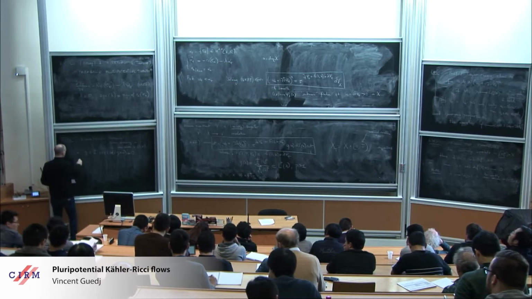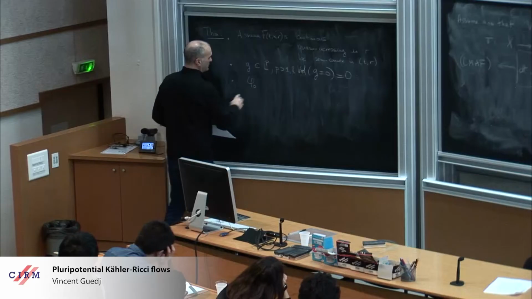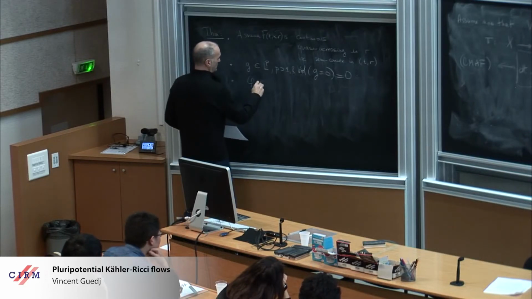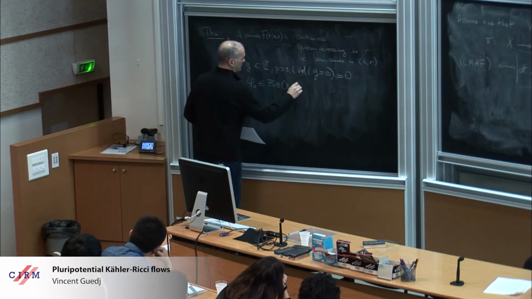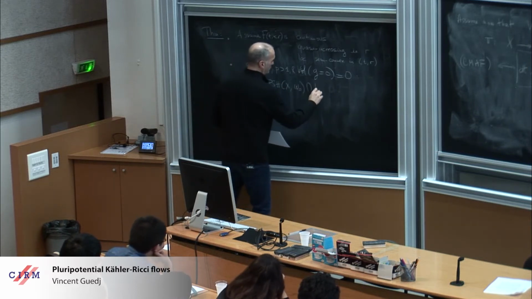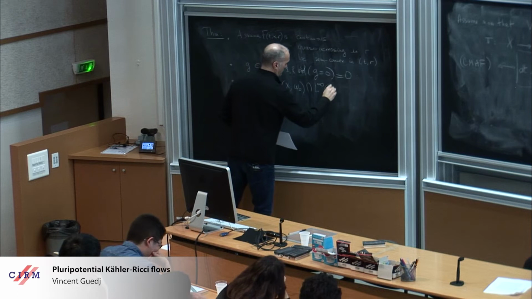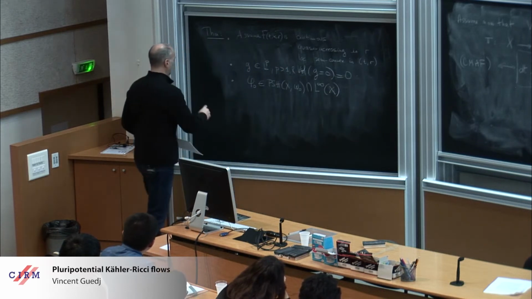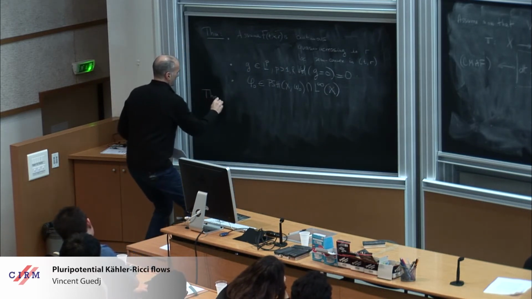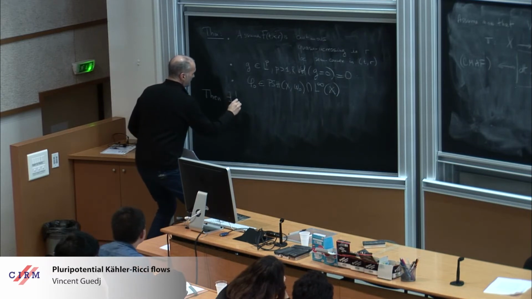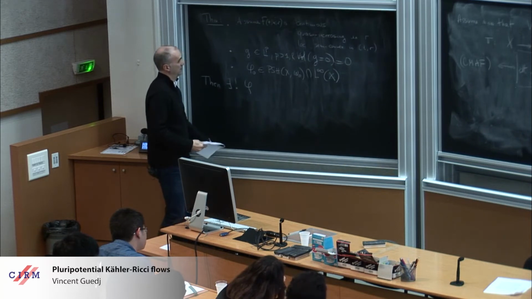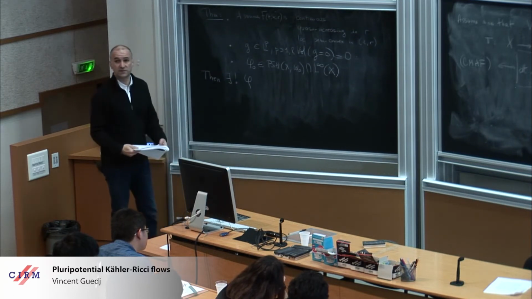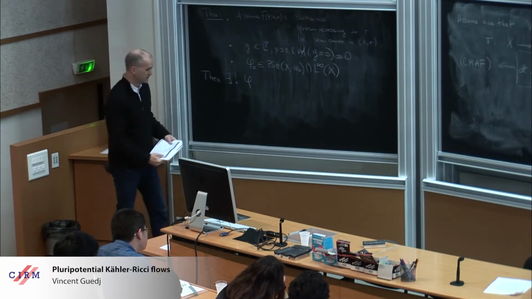And finally, assume that you pick an initial data which is omega_0-psh with respect to omega_0, and say bounded to start with. Then there exists a unique phi which solves the problem with the appropriate regularity.